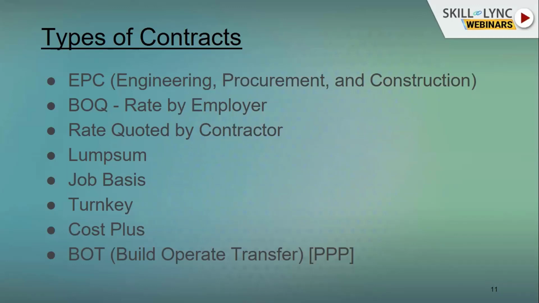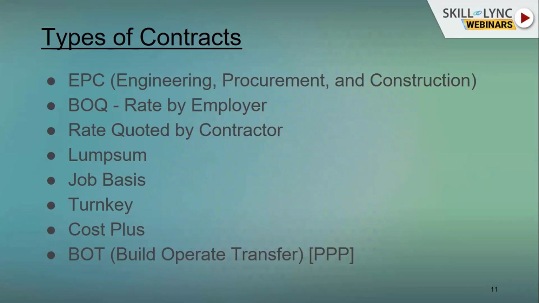Next is job basis. Job basis is nothing but, as per the job, the contractor has to quote and perform the job. Now a turnkey contract is nothing but design and build. I'm repeating that: the complete design of the layout of an office through to its execution is done by a turnkey contractor.